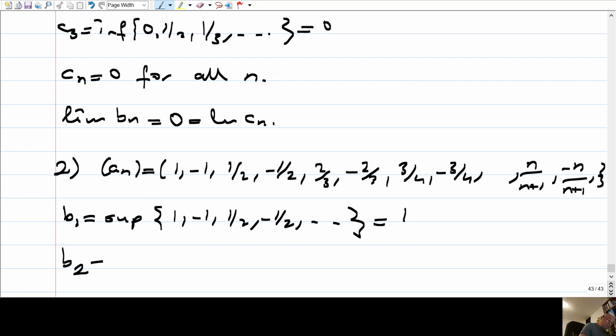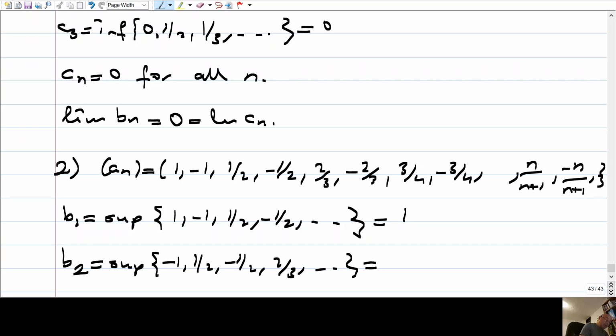What is B2? It is the supremum of minus 1, 1 over 2, minus 1 over 2, 2 over 3, and so on. The supremum of all these elements? Well, you see, I have n over n plus 1. As n gets larger and larger, this gets closer and closer to 1.